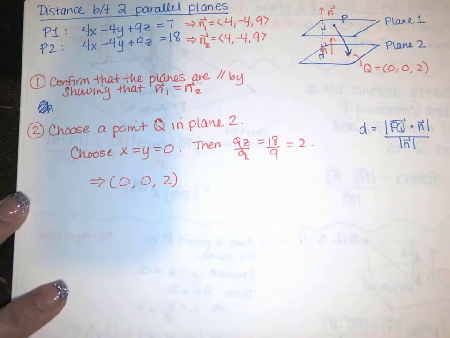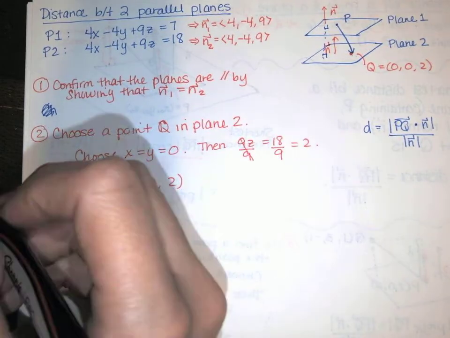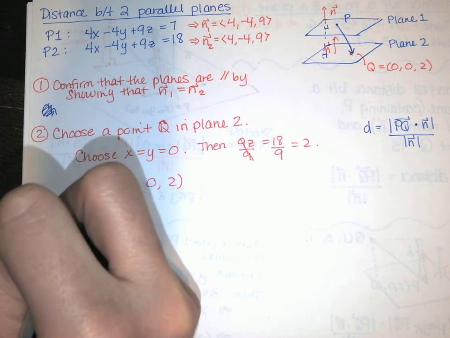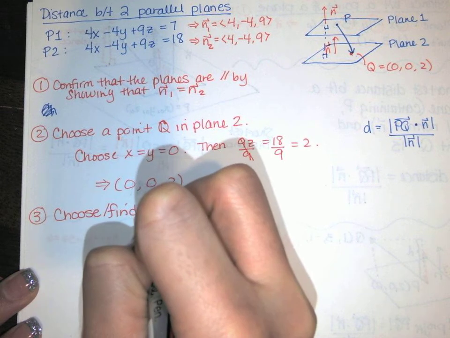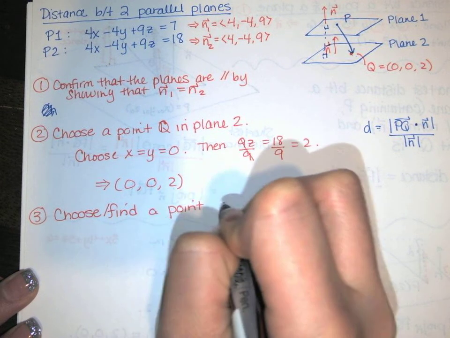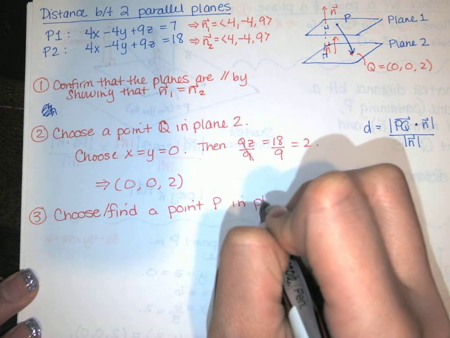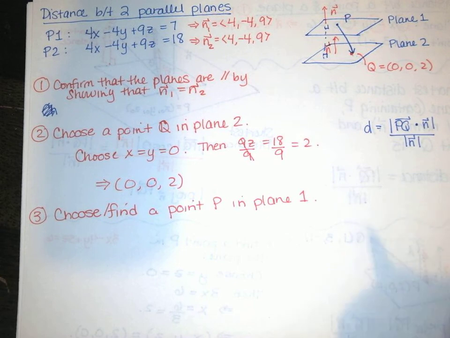Okay, so I need a point P in the first plane, plane 1. Now you do not have to draw this picture in order to do this math, but the picture really helps me to keep track of what I'm doing.